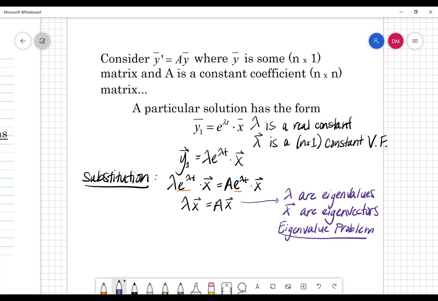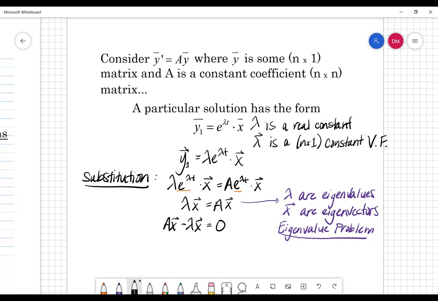Again, we'll see some examples of that today, and then throughout this week, we'll look at what happens when those eigenvalues change a little bit. So what I'm going to do here is subtract this lambda x over to this side and make this A times x minus lambda times x equals 0.